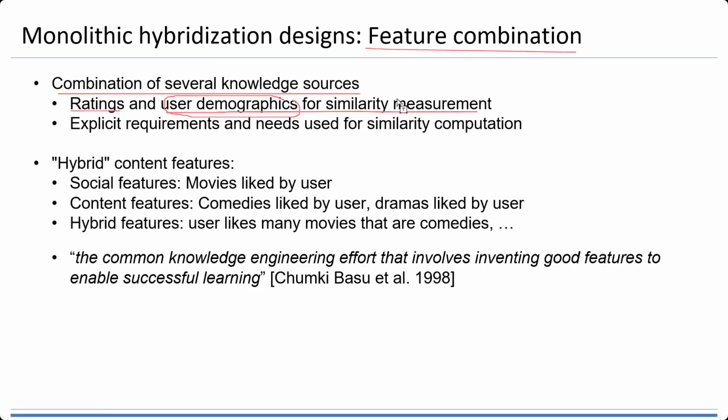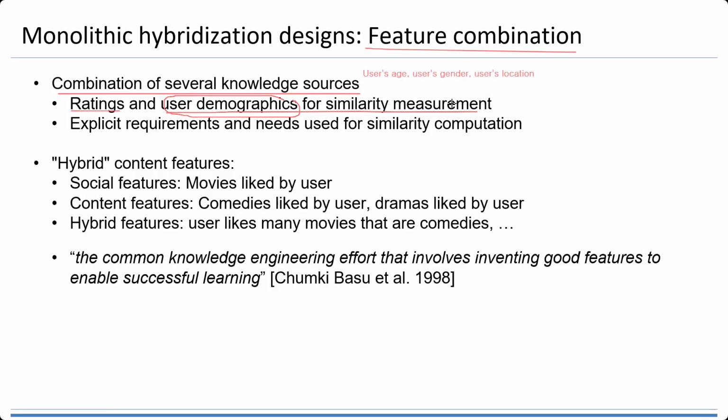This is, for example, the user's age. We call this demographic, or the user's gender, male or female, or maybe the user's location. So we can see the demographic of the users, and we want to check whether those demographics affect the rating.